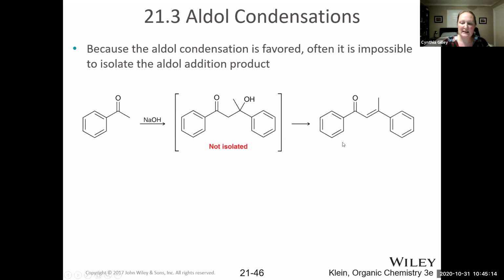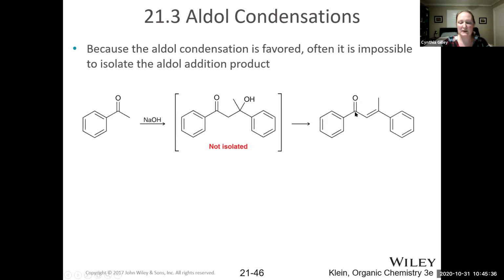The reason it's so easy to do the second part of the mechanism and go to the condensation product is because in this case, due to the phenyl rings, we have an extended conjugated pi system. We have p orbitals at every single carbon all the way around this aromatic ring.